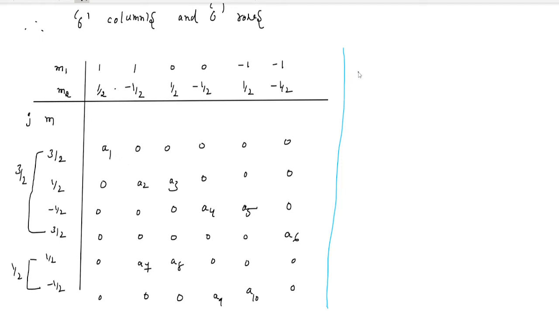What are the possible ways to get this thing? So we already know psi, this is j, this is m, and wave function psi, this is m1 and m2.